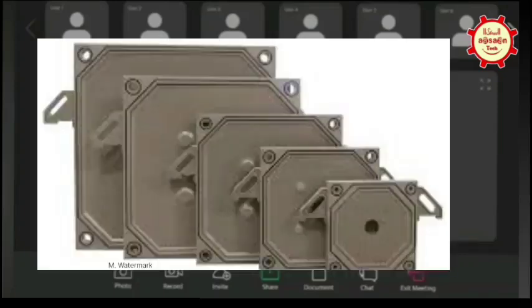All the filter plates are carbon steel. 30, I guess, are carbon steel, 4 are SS and 1 is Incoloy. Incoloy is very small, so no issue on that. I think the best method is to do the FEA. That is the correct way.